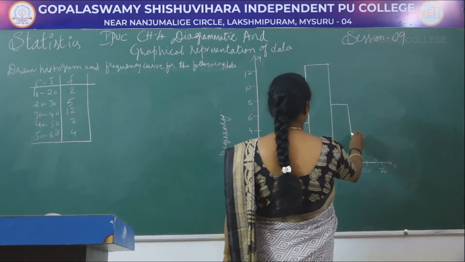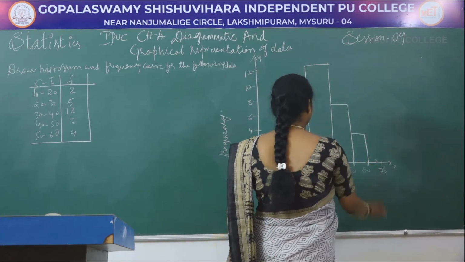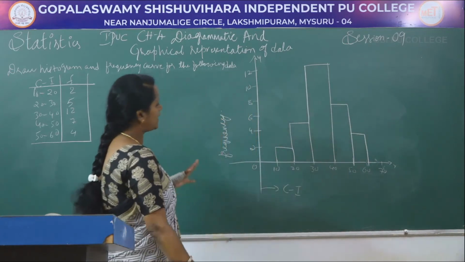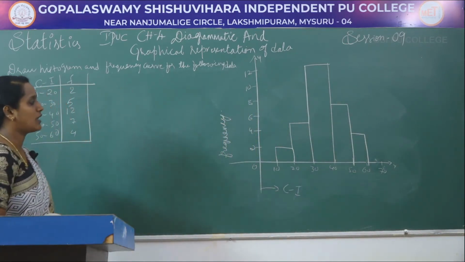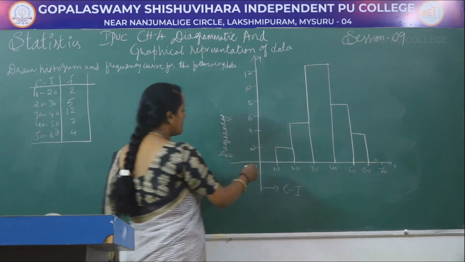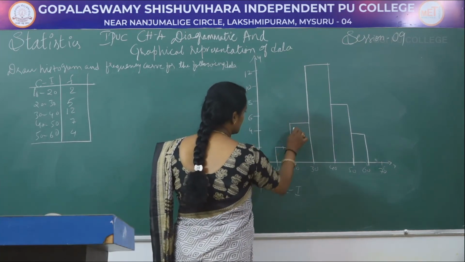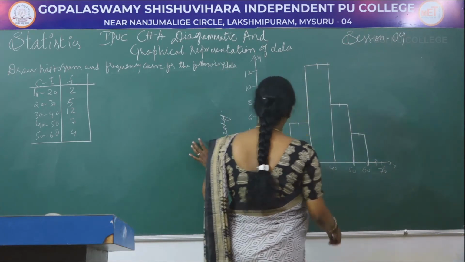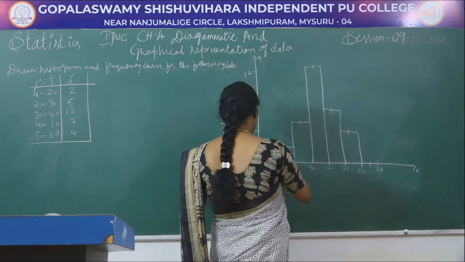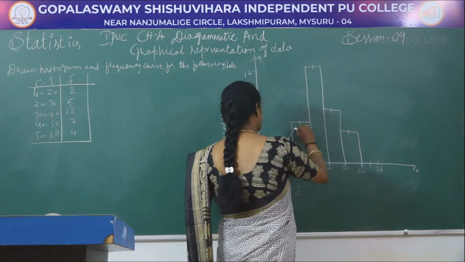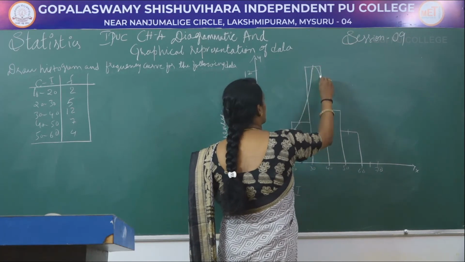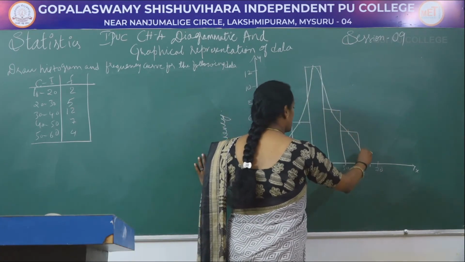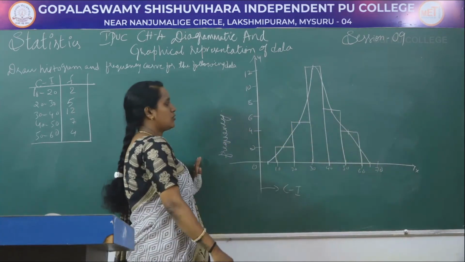Next it is 4. So after drawing the histogram, the next step is we have to find the midpoints for this. Now you join these points using a freehand curve, or you can use dotted lines also.